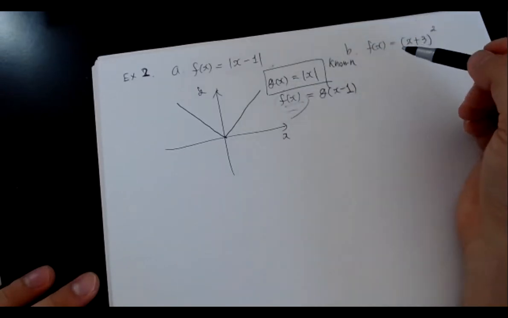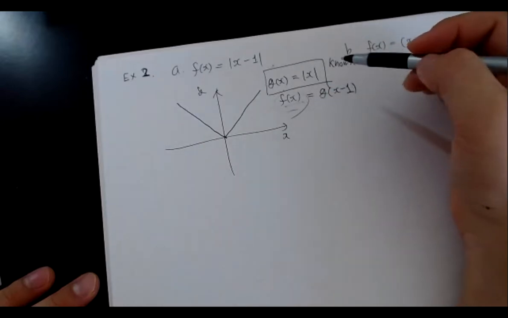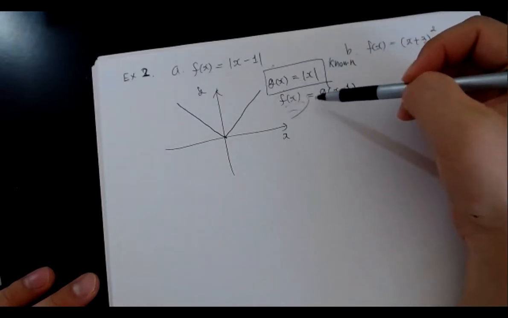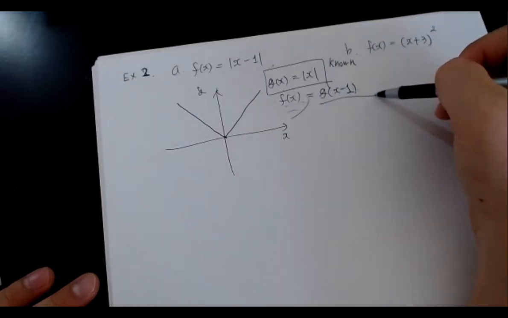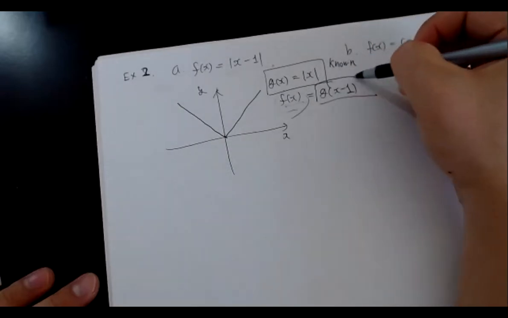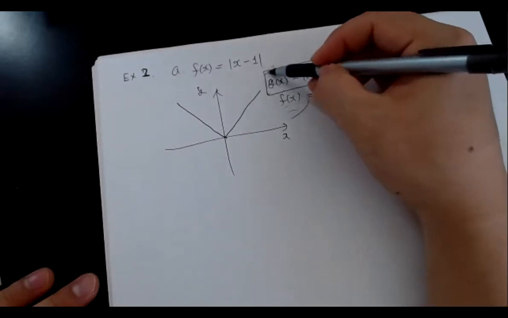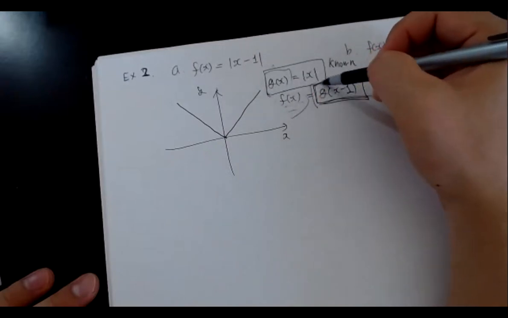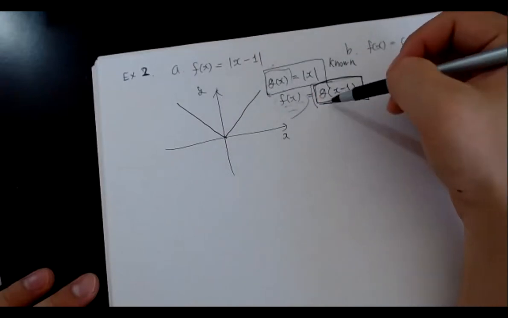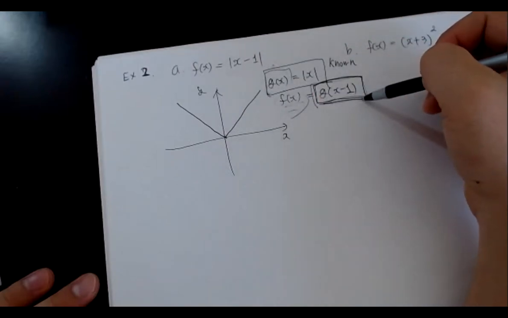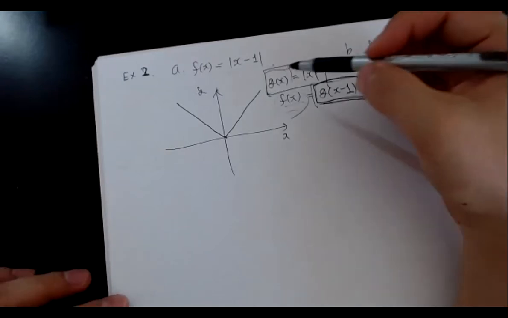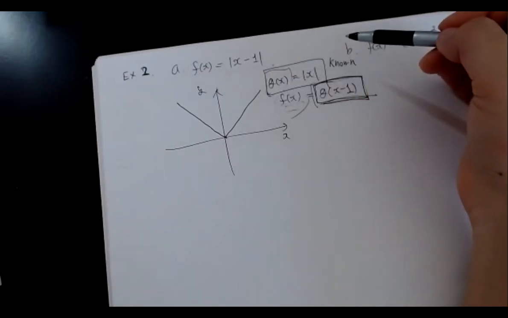So I expressed f of x as g of x minus 1. Now we know the relation between the graph of g of x and the graph of g of x minus 1. The graph of g of x minus 1 can be obtained by shifting the graph of g of x to the right 1 unit.